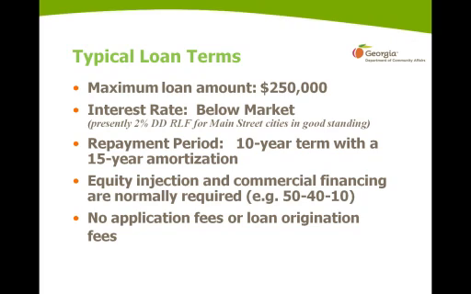We do highly suggest that the equity injection is similar to the 504 loans, meaning that 50% is from bank financing, 10% is from owner equity, and the 40% is typically where we provide public funding by means of gap financing. So again, we can take up to 40% of the total project cost, but not to exceed the $250,000 maximum loan amount.